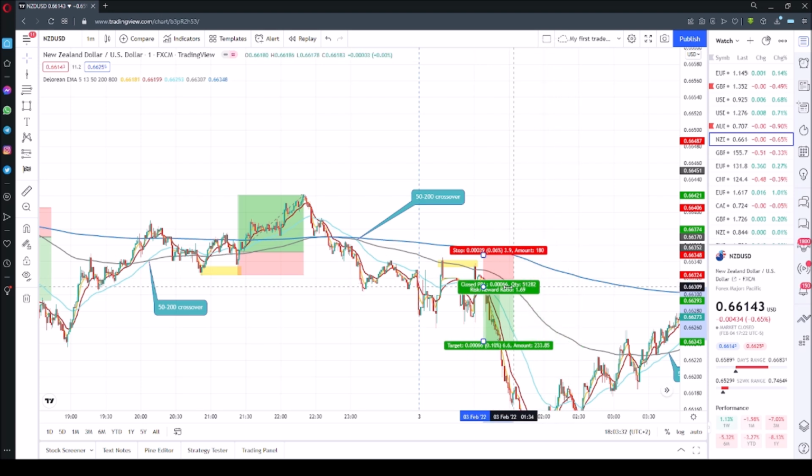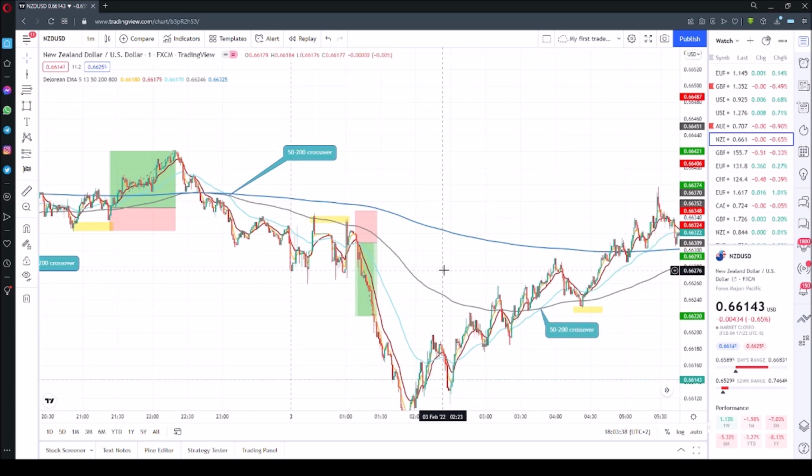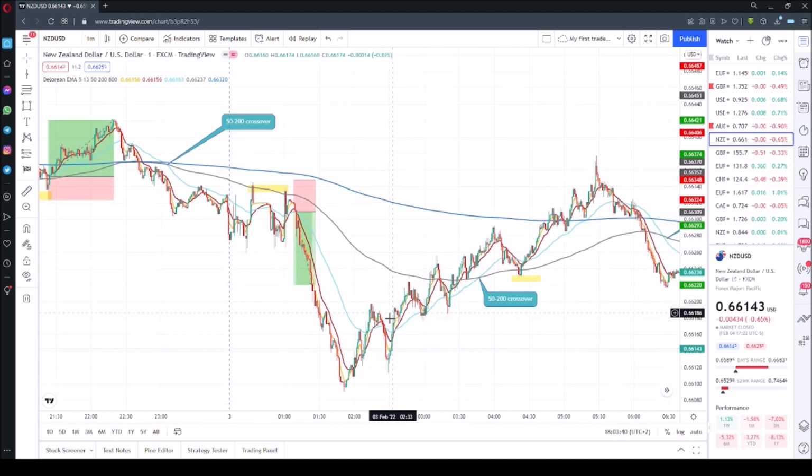The only disadvantage with scalping is that it will require you to stay on the charts for quite a long period of time, right? Then here we had a 50-200 EMA crossover. Unfortunately, the market gave us one leg. That is where your discipline is now tested with the market.